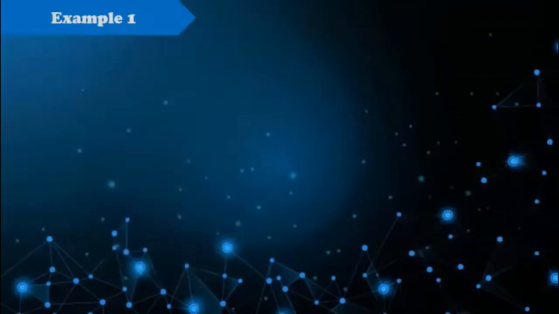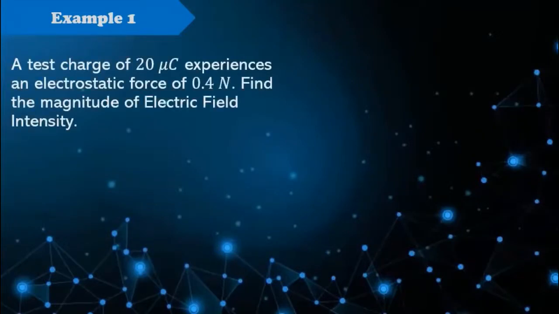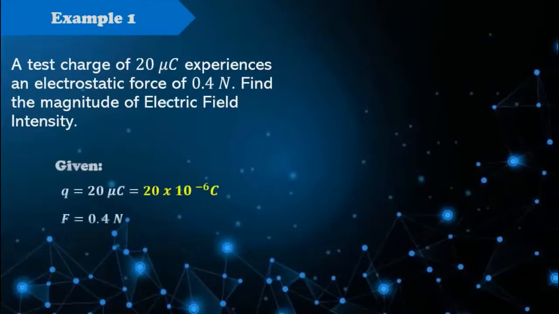Solving time. Example number 1: a test charge of 20 microcoulomb experiences an electrostatic force of 0.4 newtons. Find the magnitude of electric field intensity. The given are: test charge, which is 20 microcoulomb, is equal to 20 times 10 raised to the power of negative 6 coulomb.